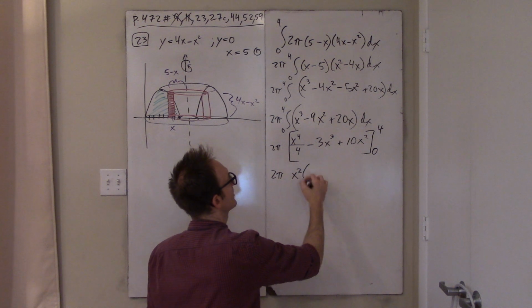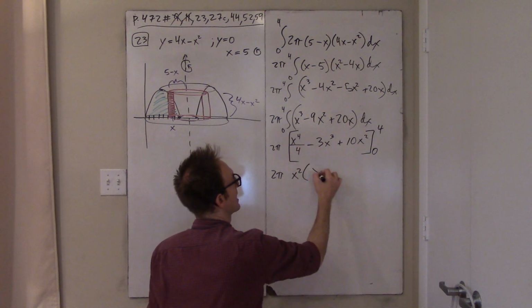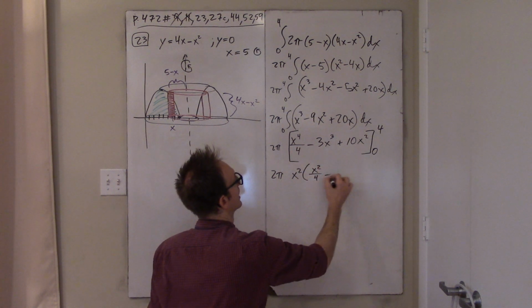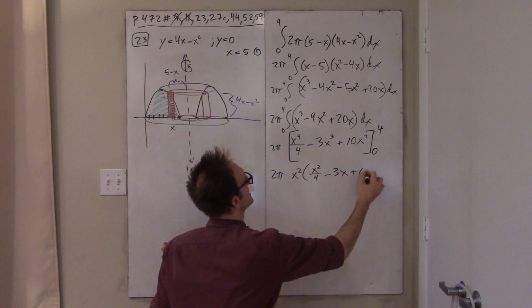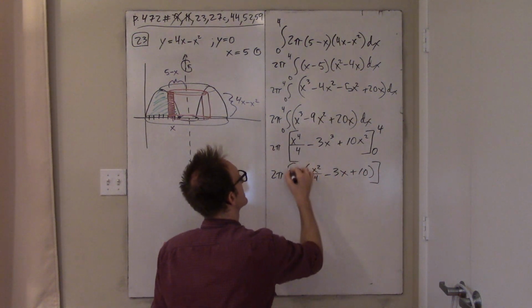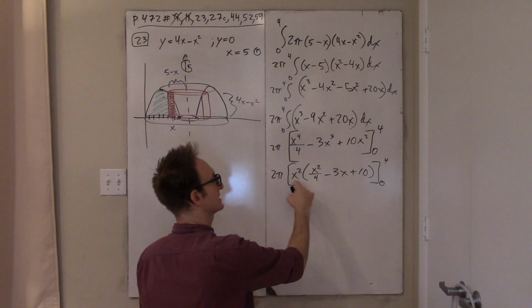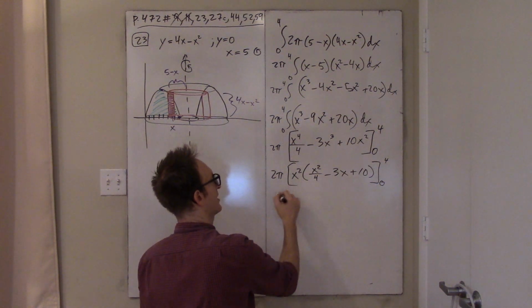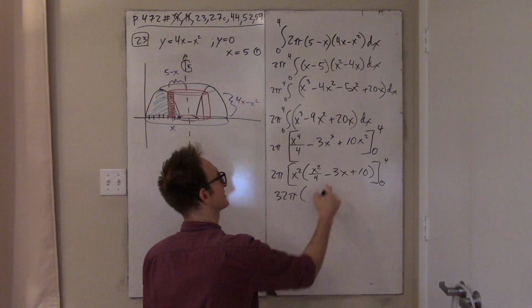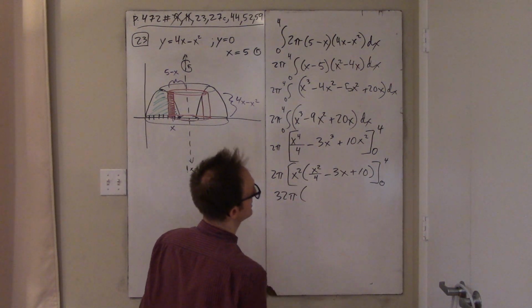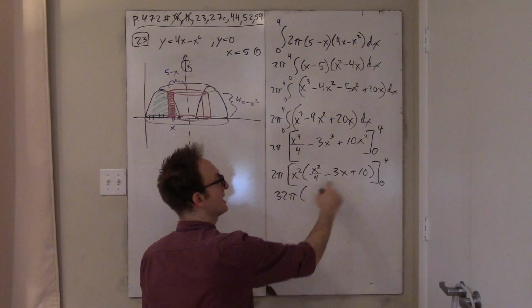So maybe write this as x squared over 4 minus 3x plus 10. Is that better? I guess that's probably better, right? Because then I get a 16 here, so that's just already 32 pi, and then I just have smaller things to deal with. I don't know if that was a good idea or not, but I think maybe it was.